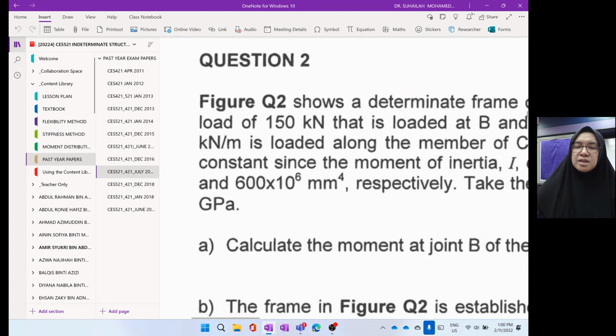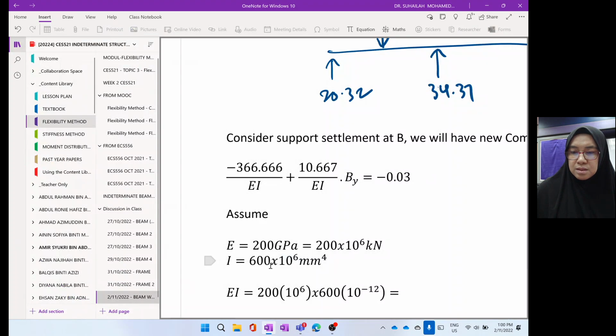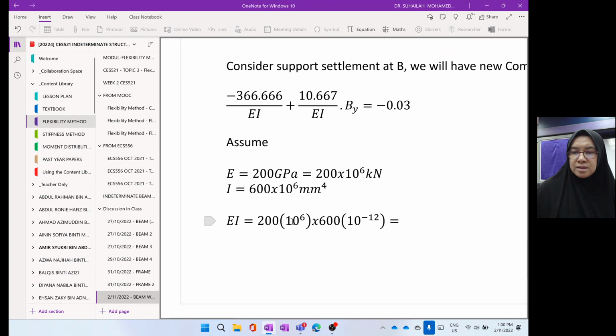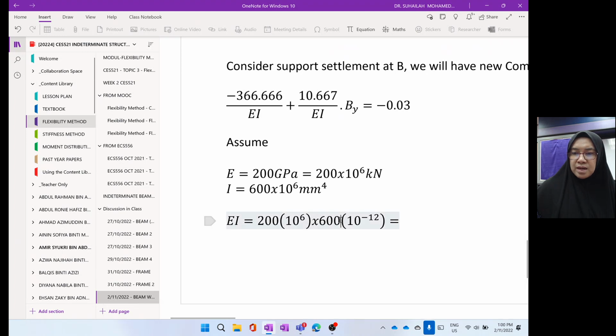Ni 600 10 kuasa 6 mm4. Okey jadi yang ni 10 power of 6 betul lah. Okey, ada satu kita tinggal. Kat sini 600. Ada lagi satu tertinggal kat sini.